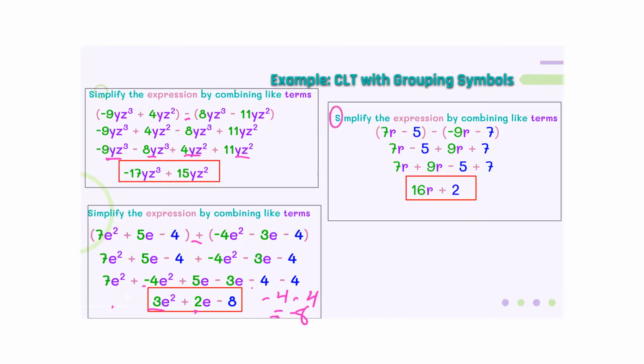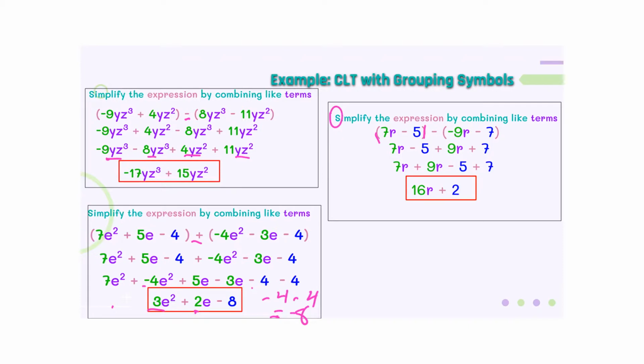On this problem, once again, I am subtracting one grouping symbol from the other. So this grouping symbol stays the same. This one, I have to change the sign of the terms inside the grouping symbol.